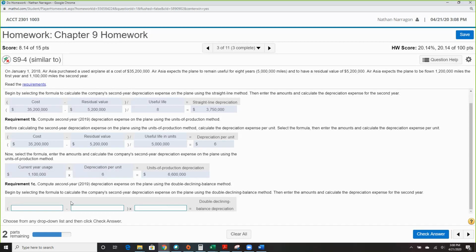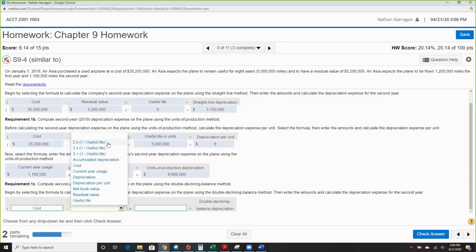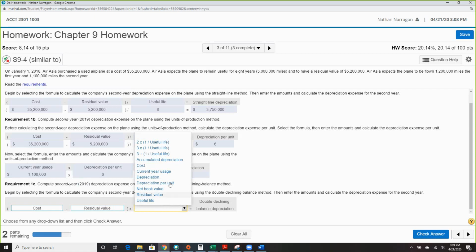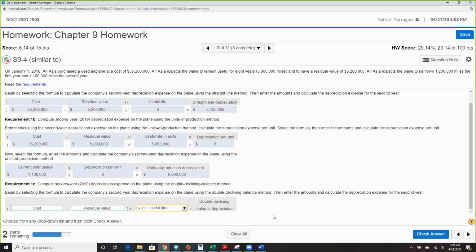Okay, so now they want us to compute double the timing. Okay. So cost minus our residual value. And remember, this is 2 times the rate.